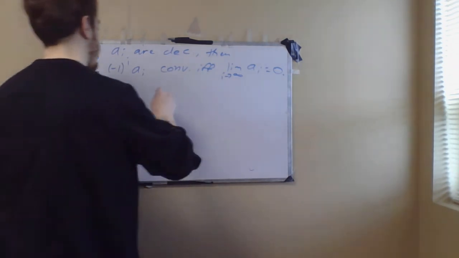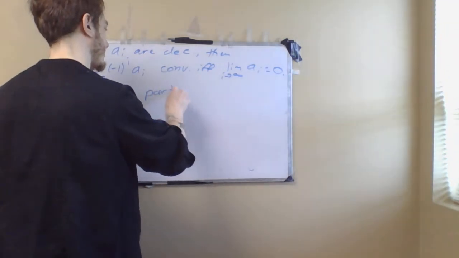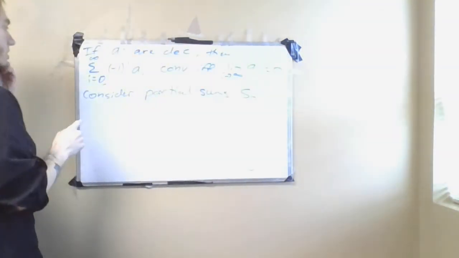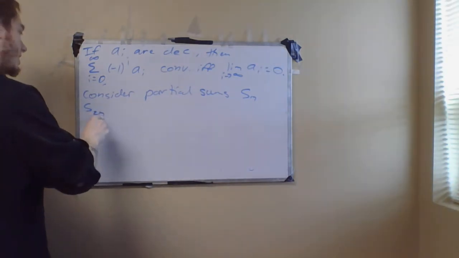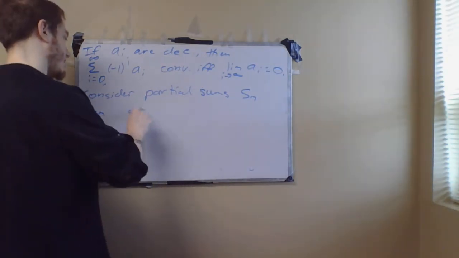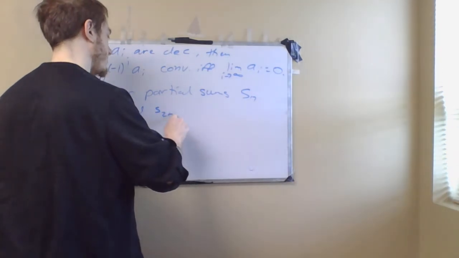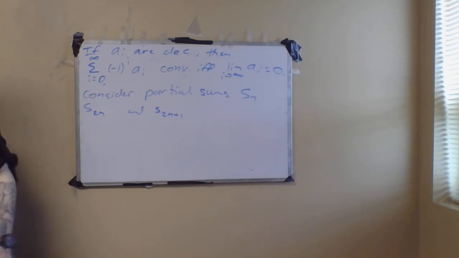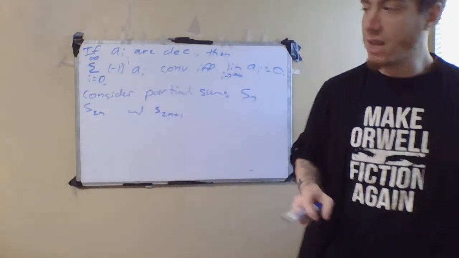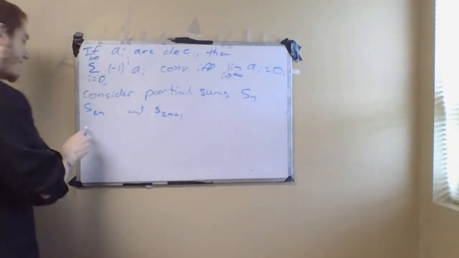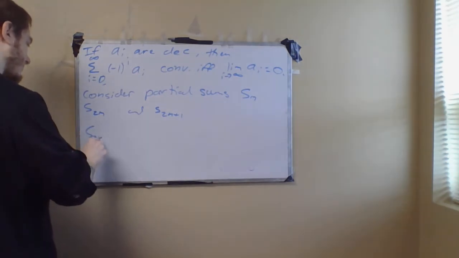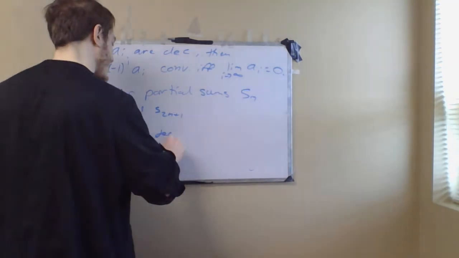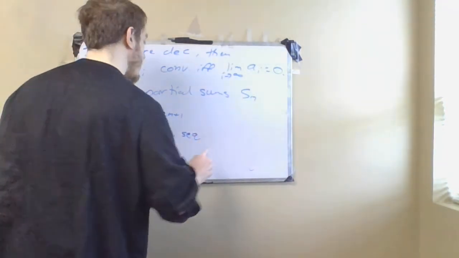consider the partial sums S n. And we're going to consider S of 2n and S of 2n plus 1. Notice that 2n is always an even number, and 2n plus 1 is always an odd number. The thing to notice is that the S of 2n's form a decreasing sequence.